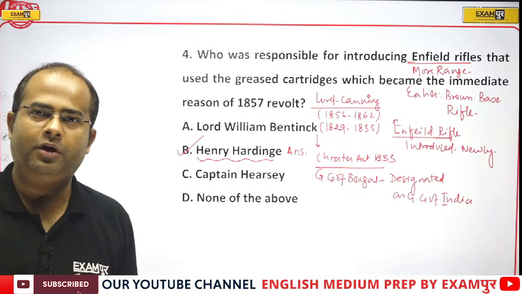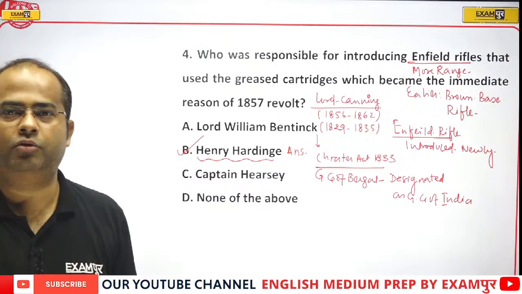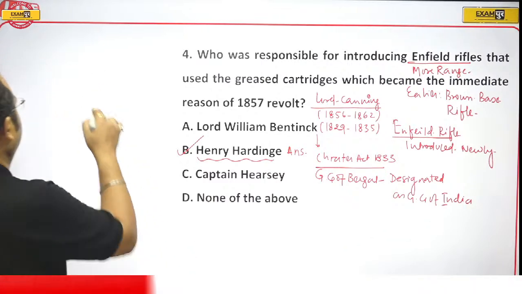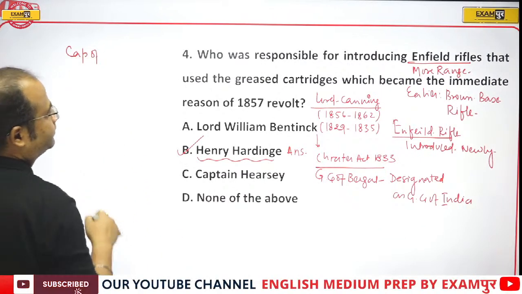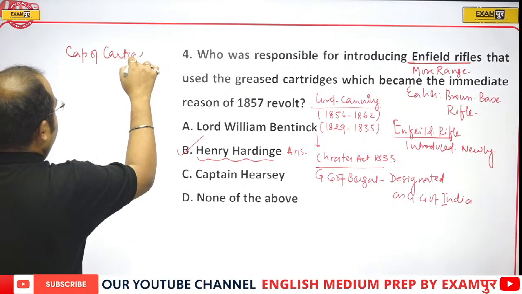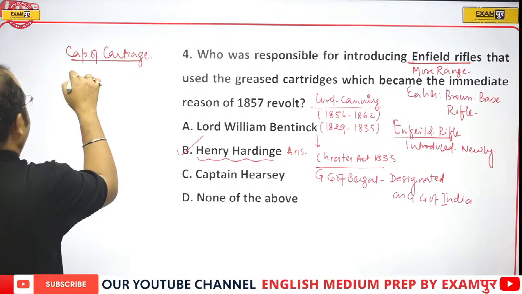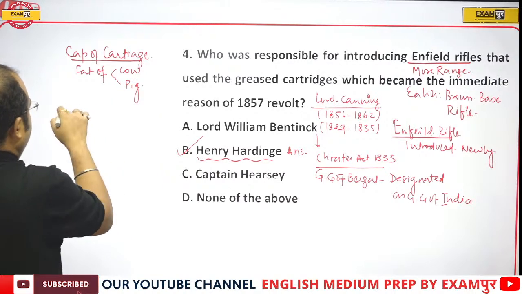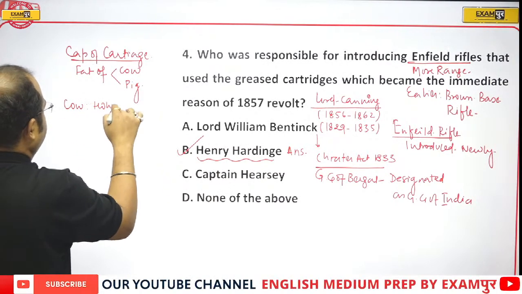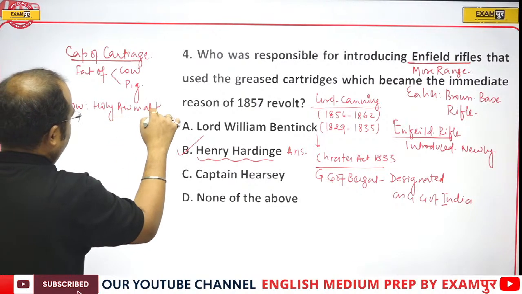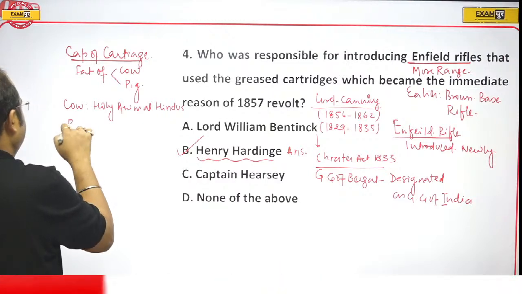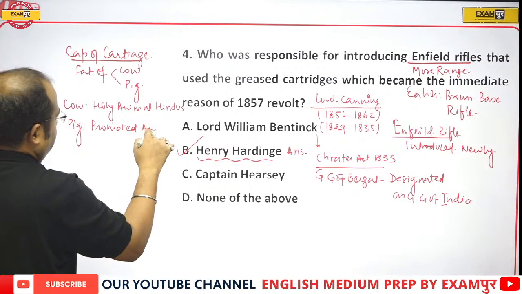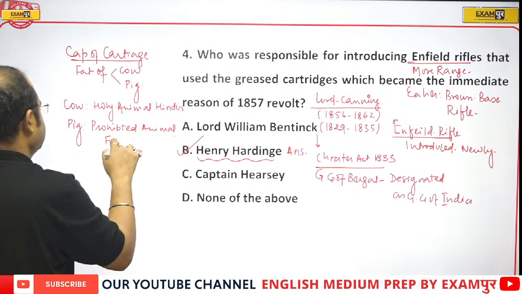Cow is a holy animal for Hindus, and pig is a prohibited animal for Muslims.